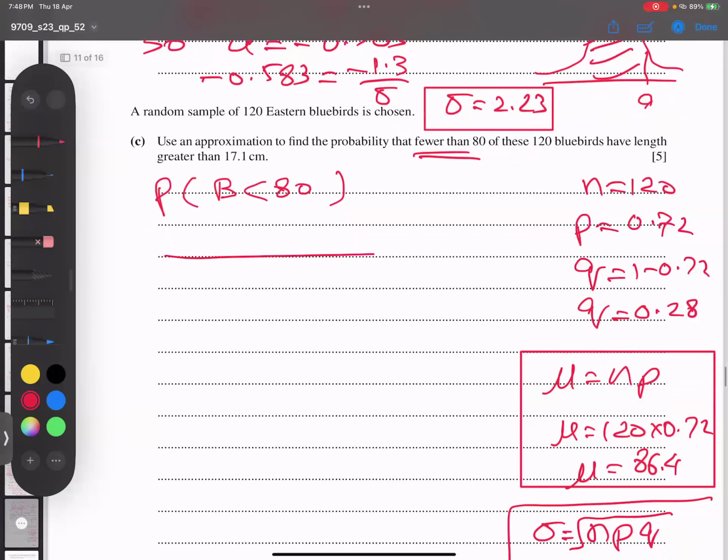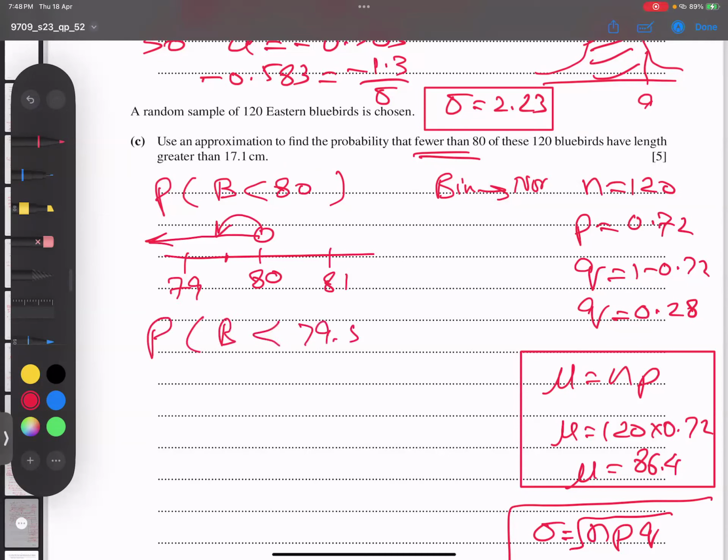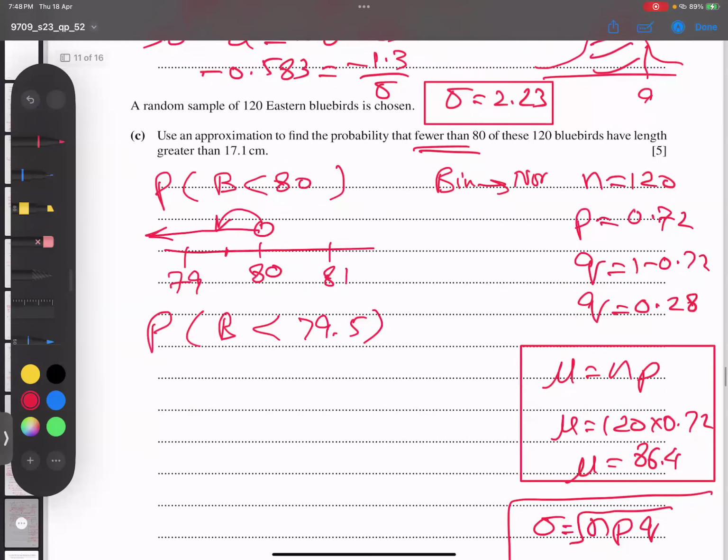Because this data is binomial data, and whenever we convert from binomial to normal distribution, we have to do continuity correction. The method: 80 here, one number bigger than 80 is 81, one smaller is 79, and less than 80 means I will go here and follow 0.5. So 79.5 birds.